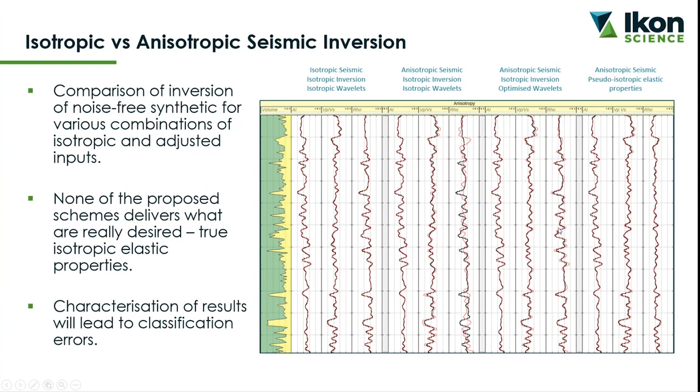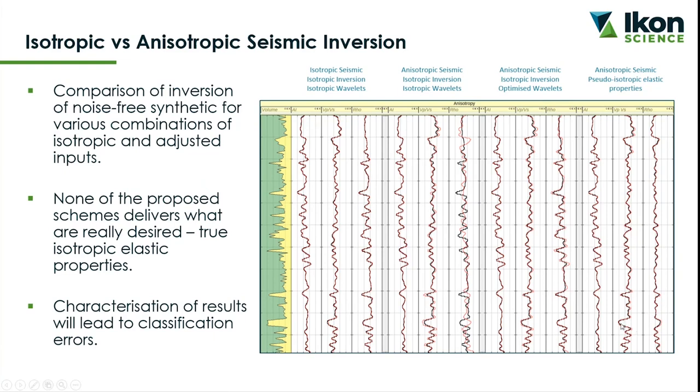With some modification of the wavelets and their scalars, we can significantly improve the result using an isotropic inversion, but we still see areas of overshoot. And then lastly, using the pseudo-isotropic elastic properties example, we get an almost perfect result, similar to the isotropic case.